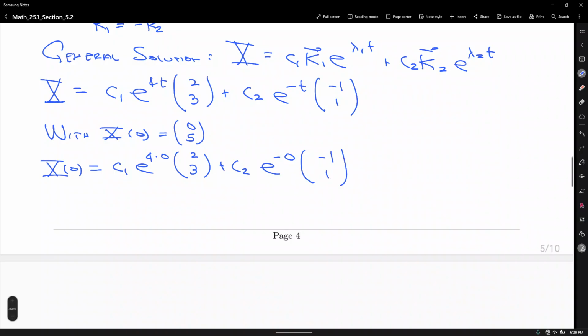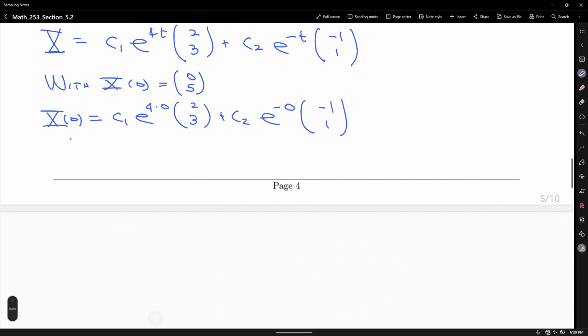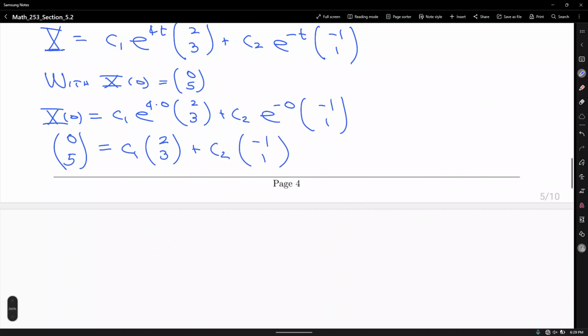The exponentials raised to the 0 power, don't they go to 1? Which means, what's x of 0? First of all, this is the vector 0, 5, isn't it? That equals C1, this term goes to 1, times 2, 3, plus C2 e to the negative 0, which equals 1, times the vector -1, 1. Okay, guys, what is this?